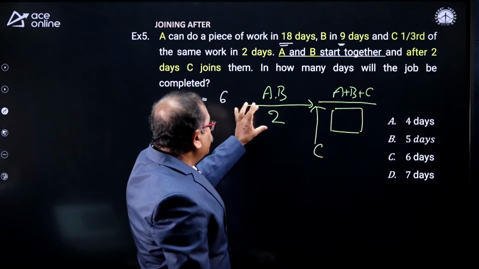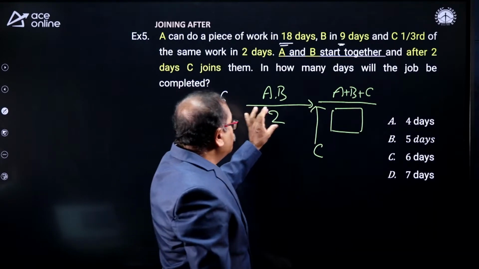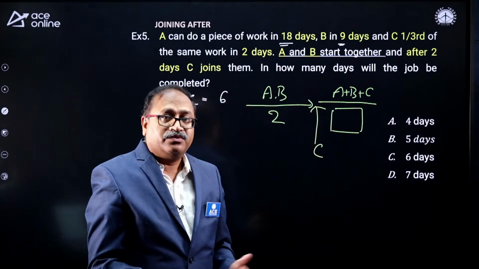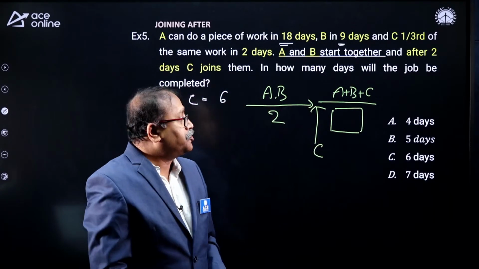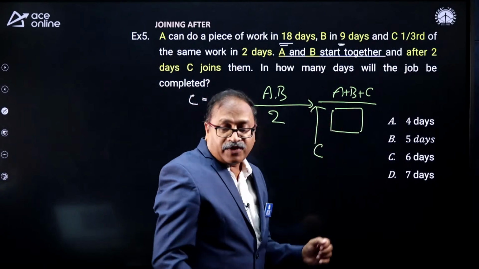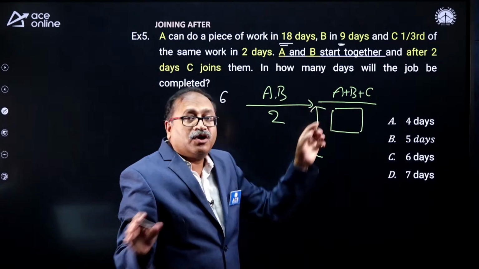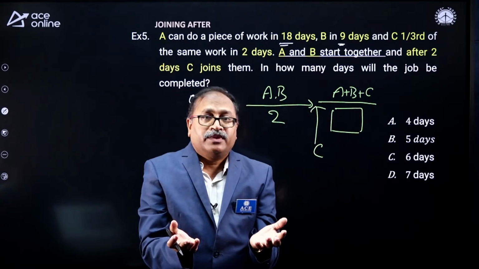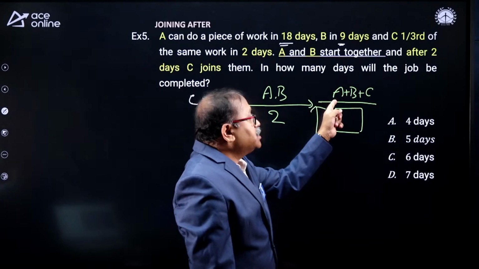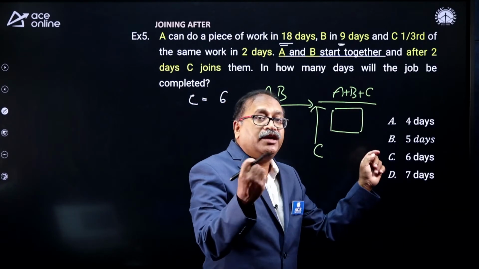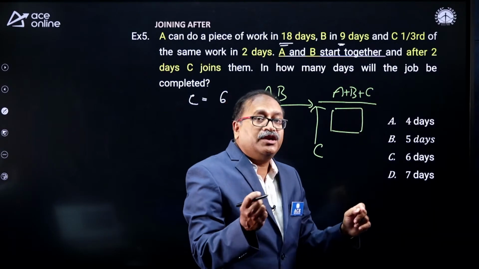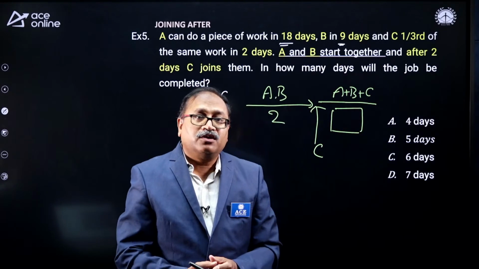Now, let's answer this question. The 2 days plus this number of days will be my answer. So how do I get this number of days? In order to get it, I will find out the total volume of work, and then how many units A completes in 1 day, B in 1 day, and C in 1 day. How do I calculate the volume of the work?